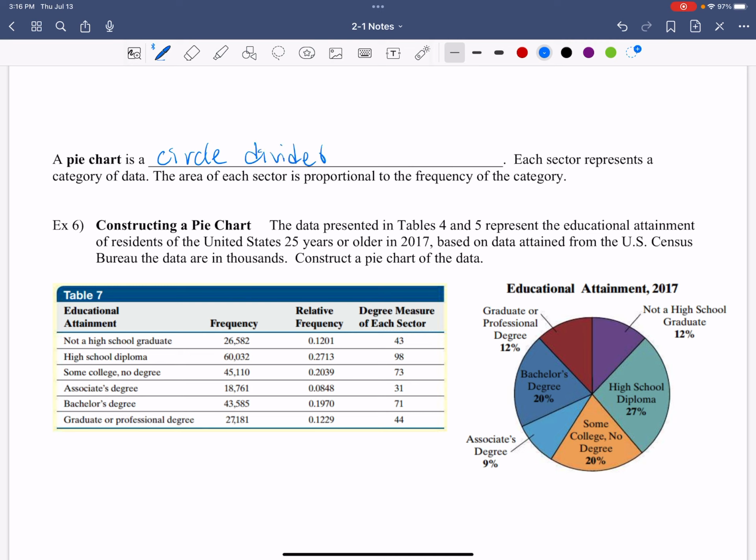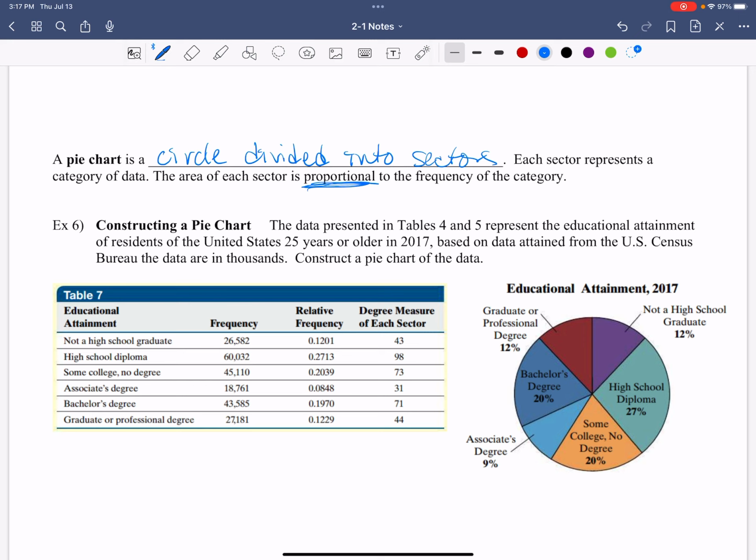Divided into sectors. Each sector represents a category of data, and the area of the sector is proportional, there's that word proportion again, to the frequency of the category, right? Proportions are going to be a huge deal for us, so I want to make sure that we're good with that. So it is divided into those different categories.